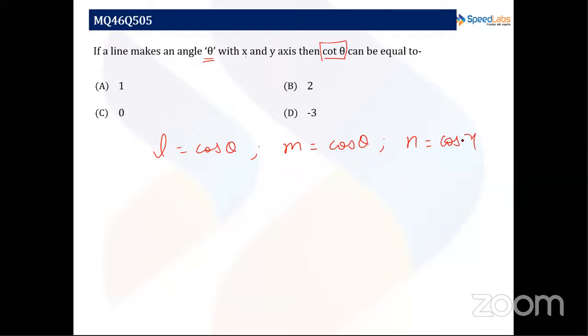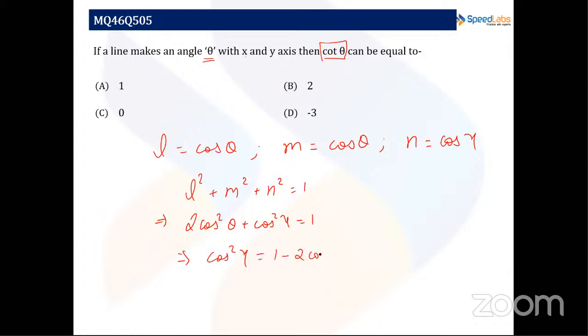So let's say it makes an angle gamma with z-axis. So L square plus M square plus N square equals 1 from the property of direction cosines. We will be getting 2 cos square theta plus cos square gamma equals 1. This implies that cos square gamma is 1 minus 2 cos square theta.